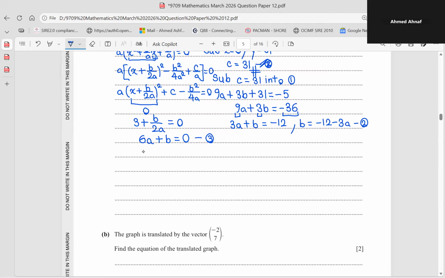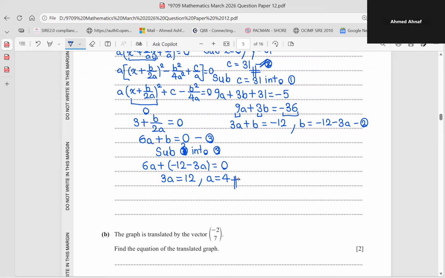So we're going to substitute equation 2 into equation 3. So you get 6a plus negative 12 minus 3a equals 0. So you get 3a minus 12 equals 0. So 3a equals 12 and a equals 4.